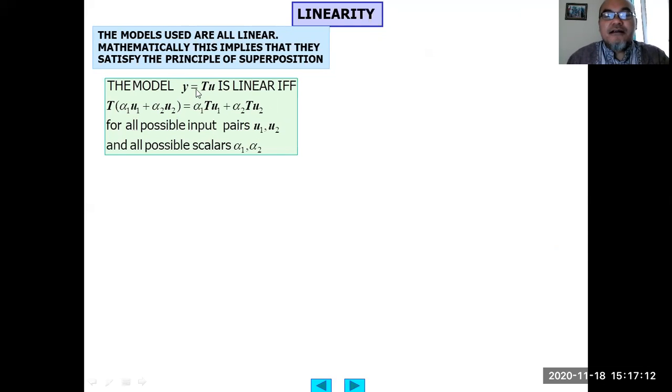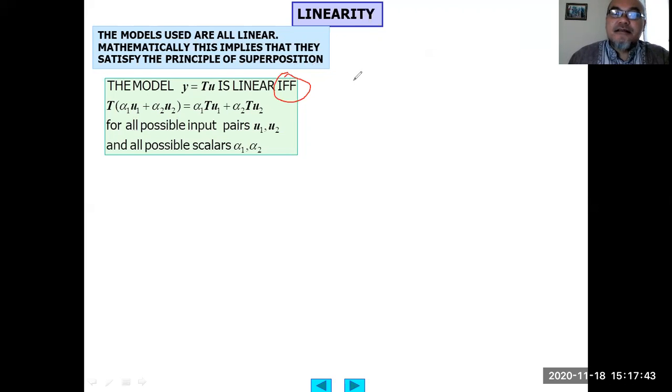So the mathematical model of a physical system Y equals to T U is linear if and only if, written with double F, it means if and only if. Remember the logical lesson in high school.